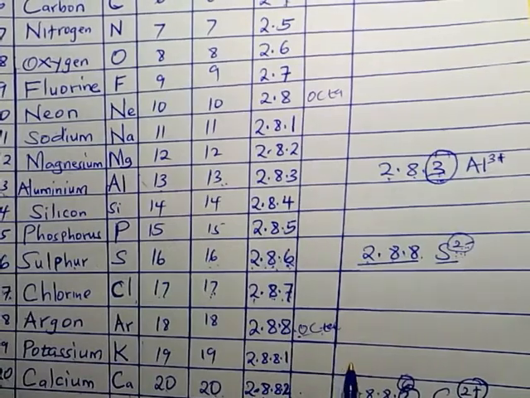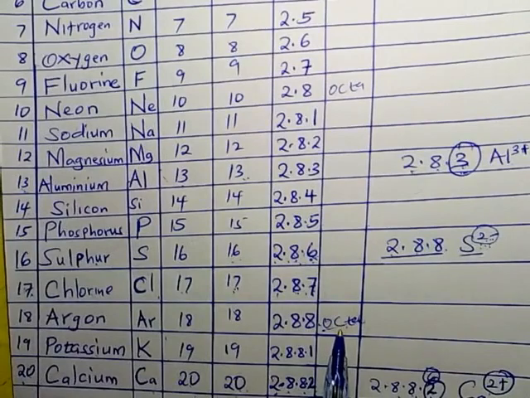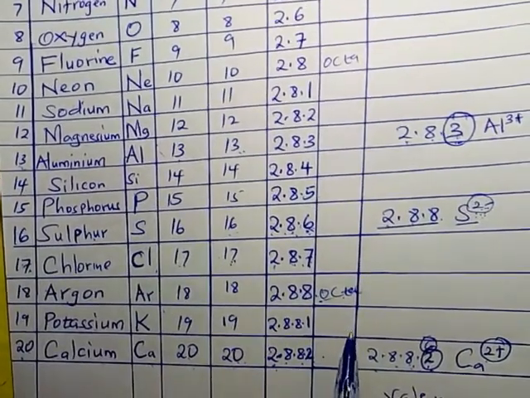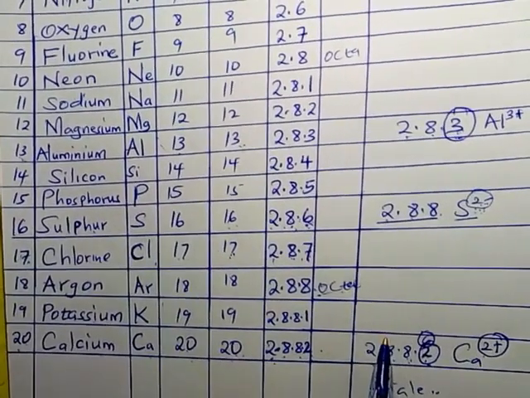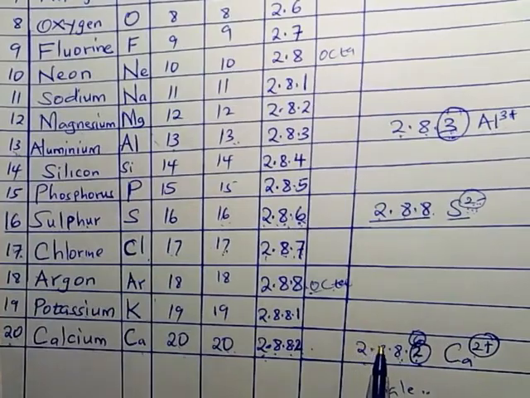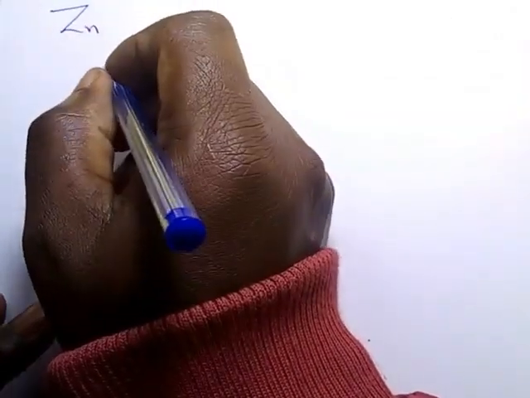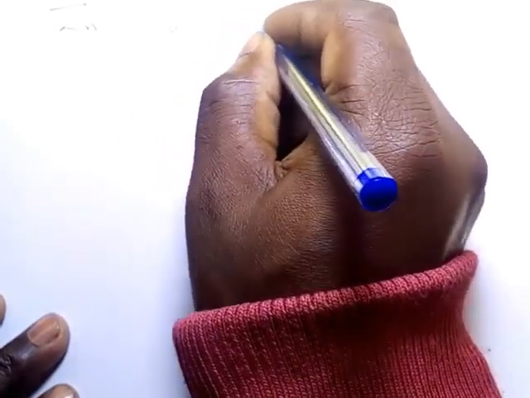So hoping that you have understood how to get the valence of an element, now we can go ahead and talk about the elements which are not in the periodic table. So what about those elements which are not in the first 20? We have a few of them. We have elements such as zinc, that is commonly used and is not in the first 20 elements. We have copper, we have barium.